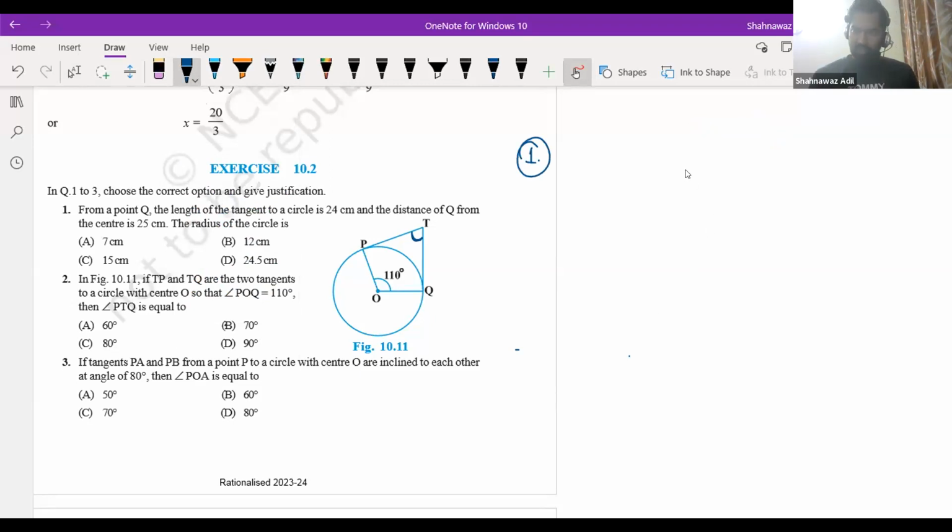So we have this point Q, and then we have this tangent, which they have not mentioned. Let's say that this is A. And we have this center.